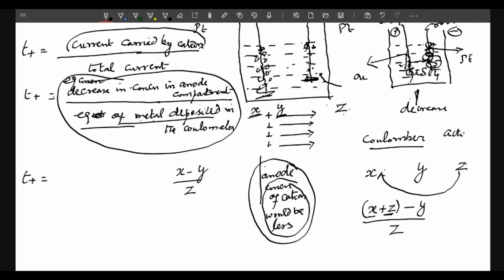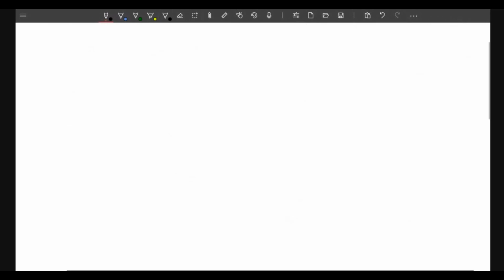A solution of silver nitrate containing 12.14 gram of silver in 50 ml of anode solution was electrolyzed using platinum electrodes.